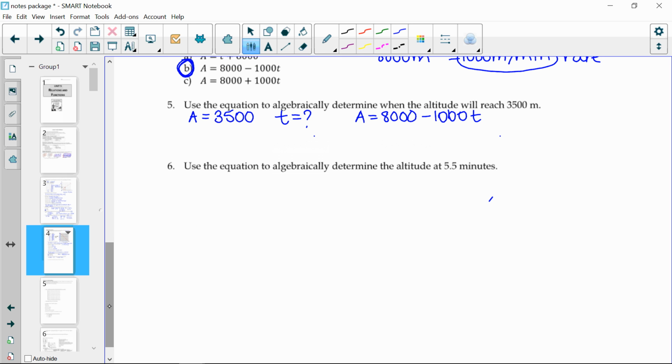All right. So our altitude, we want to get to 3,500 meters. You're solving for t. So 3,500, take away 8,000 is equal to negative 1,000 t. So 3,500, take away 8,000 gives me negative 4,500.